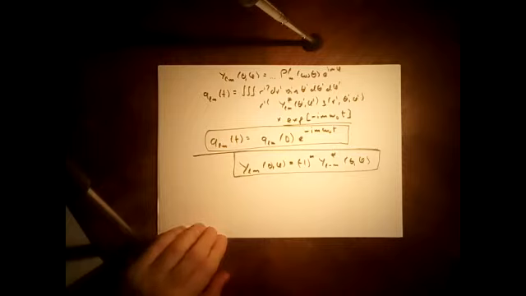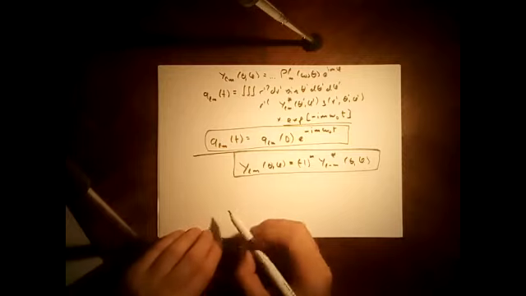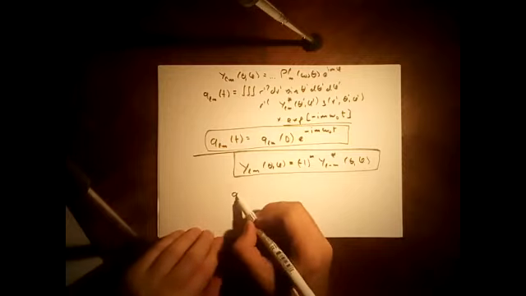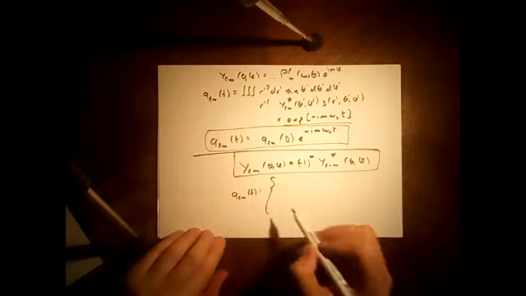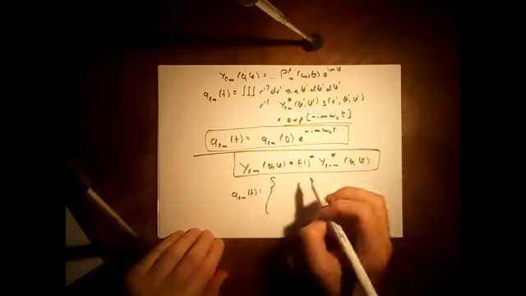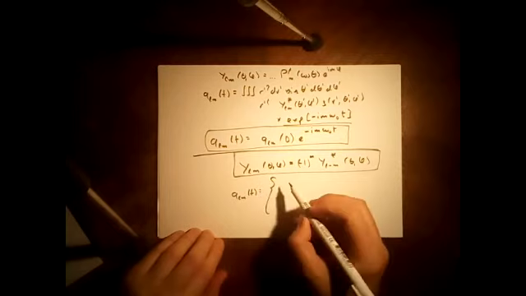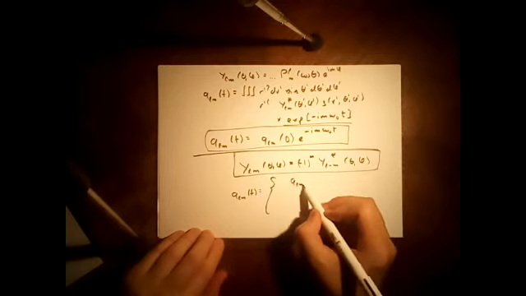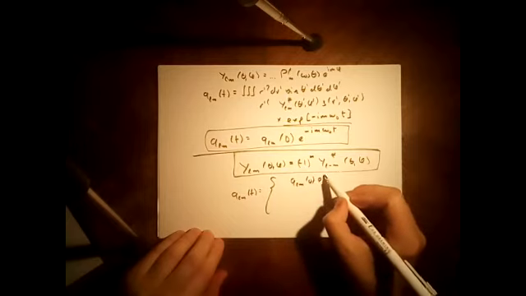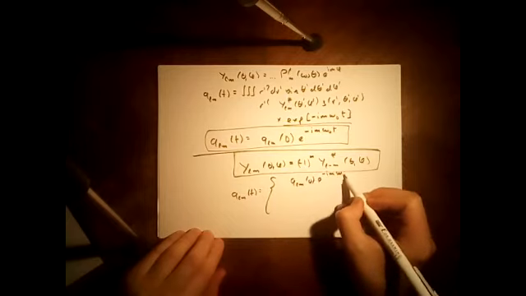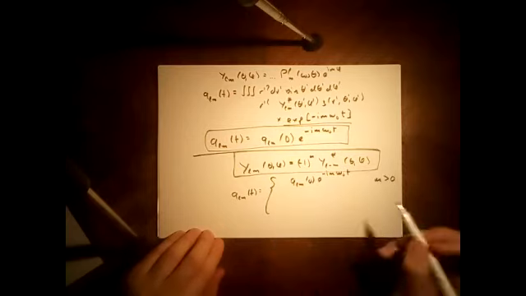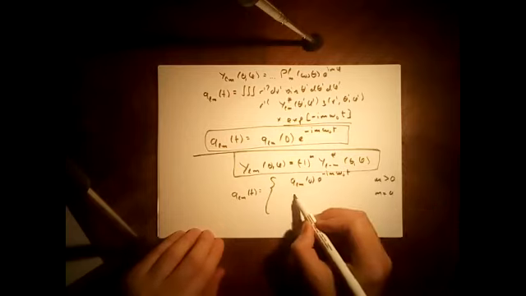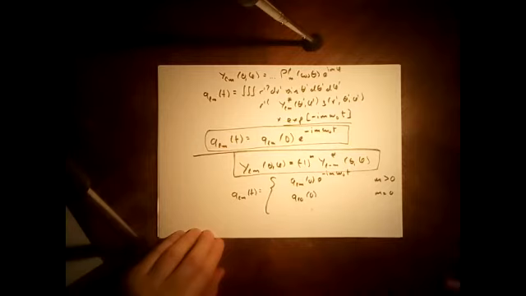For example, you can write QLM in 3 parts. You can write QLM 0 e to the minus im omega 0 t if m is greater than 0. For m equals 0, it's just going to be QL0 0.